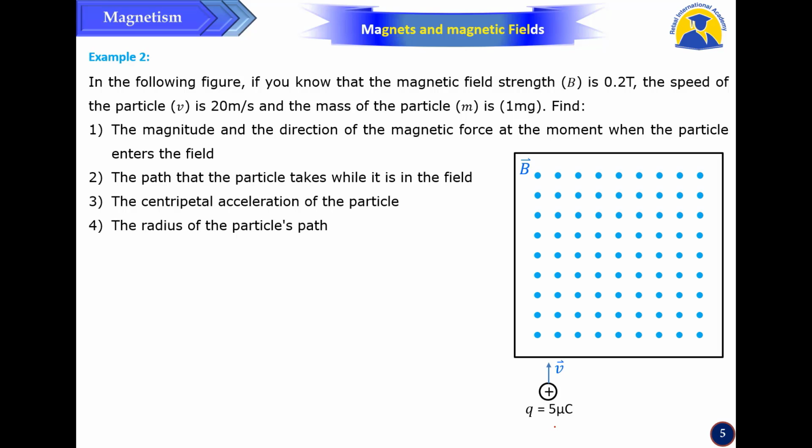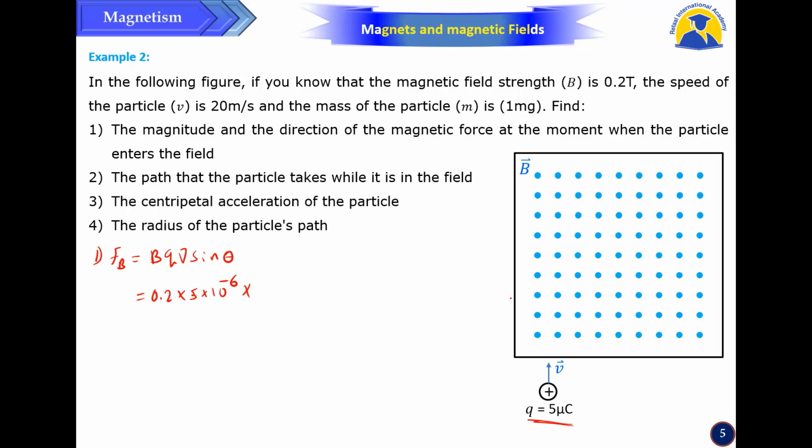Okay. Here we need to calculate the magnetic force. So FB will equal BQV sine theta. B in Tesla is 0.2. Q is the charge, 5 microcoulomb, so 5 multiplied by 10 to the power minus 6.